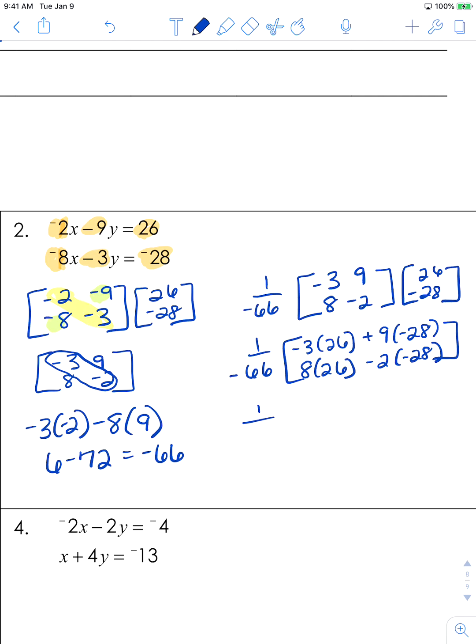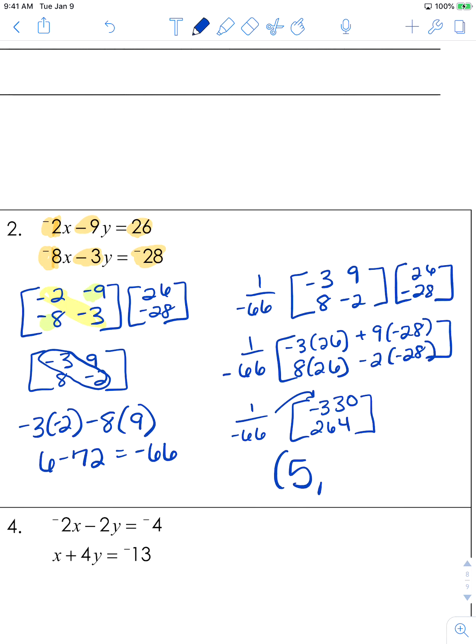So you end up with 1 over -66 times -330 over 264. And this is just this simplified. So -3 times 26 plus 9 times -28 is -330. And then you just distribute 1 over -66 times 330, which is 330 divided by -66 is 5. And then 264 divided by -66 is -4.